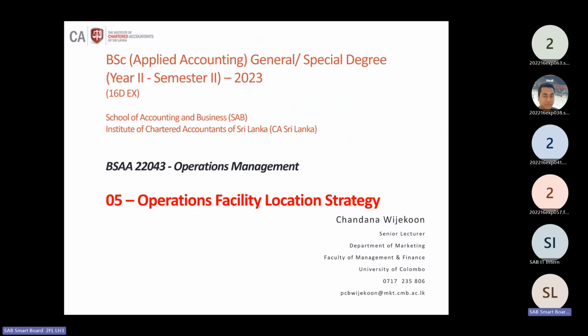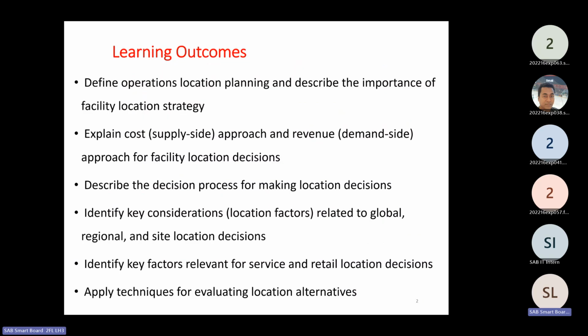Right, shall we start then? Shall we start this topic, operations, facility, location strategy, simply known as location strategy. In this topic, we will try to quickly achieve these learning outcomes: define what location planning is, and quickly identify and describe the importance of this decision for a business, and quickly identify and explain what are the main approaches available for making location decisions.